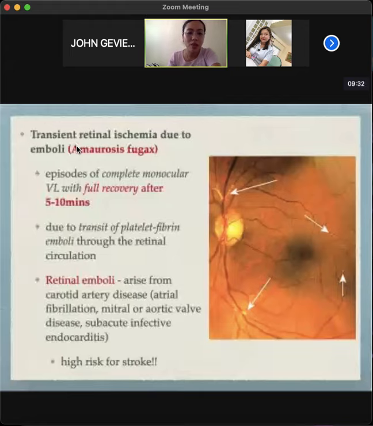If not, you would think of CRAO, BRAO, or other systemic diseases. This is due to transit of emboli through the retinal circulation, and the retinal emboli arise from carotid artery disease, which may signify a high risk for stroke. The patient would usually complain of a transient curtain passing over their vertical vision.